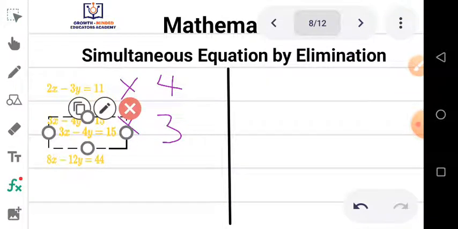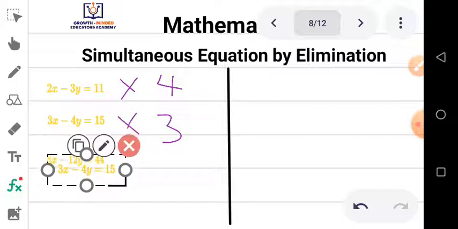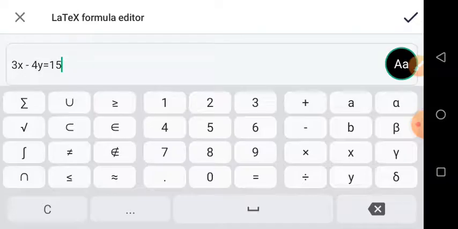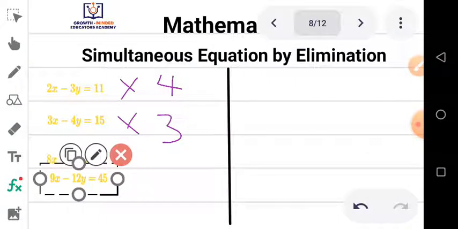Then if we multiply the second equation by 3, that gives us 9x minus 12y equals 45. Hope you get that.